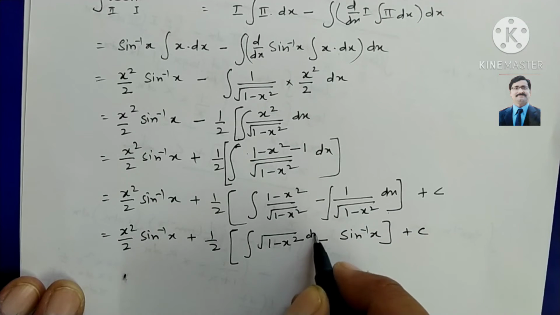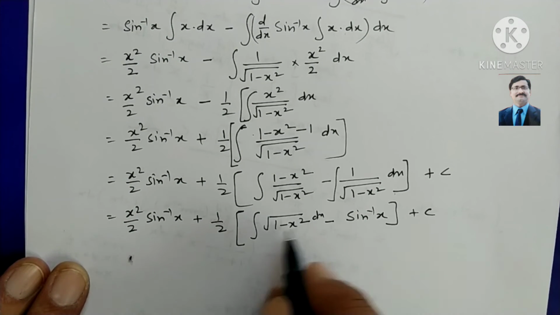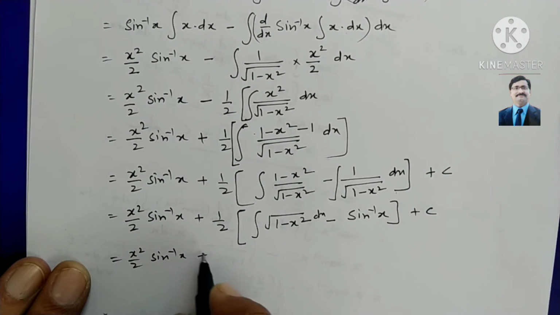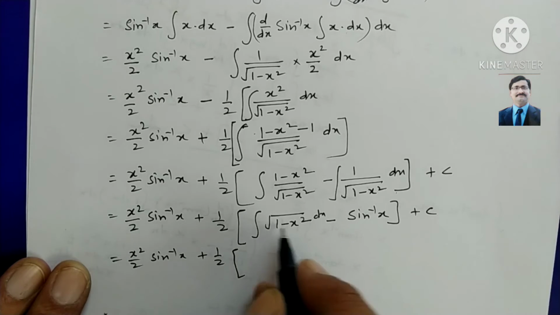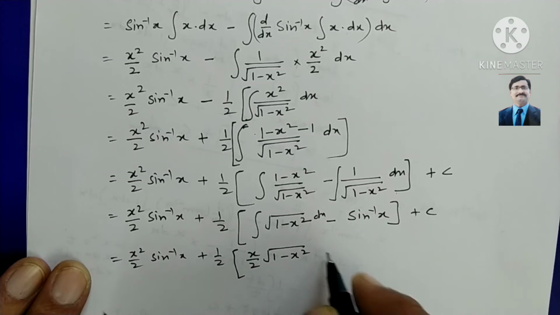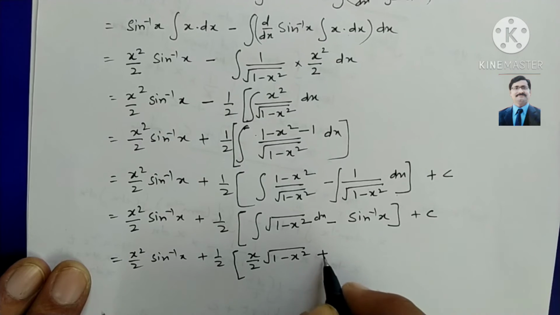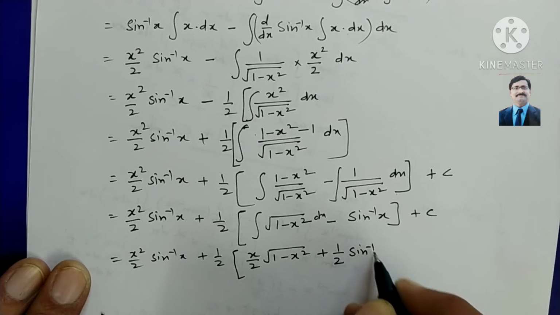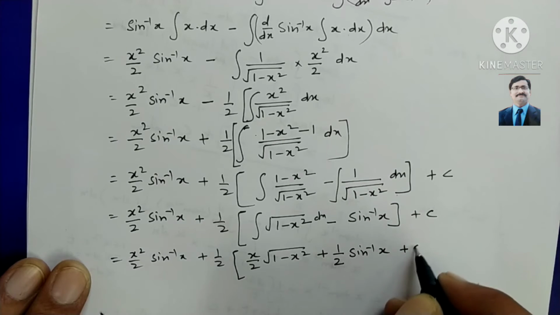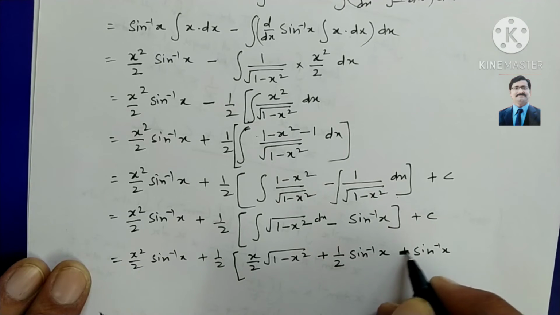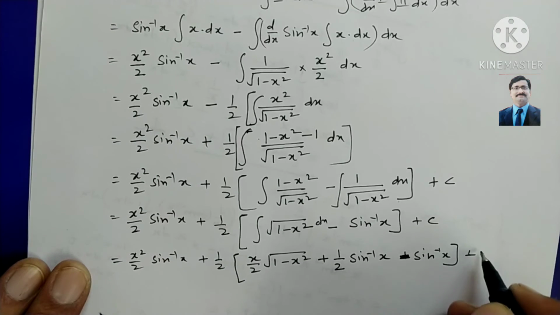Now look here, for this we have to write the formula: x upon 2 root 1 minus x square plus 1 upon 2 sin inverse x, minus sin inverse x, and plus c.